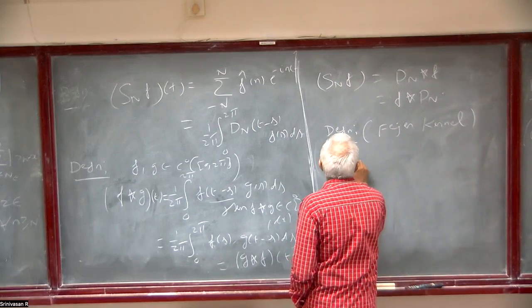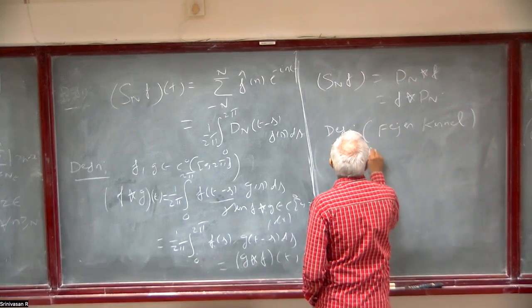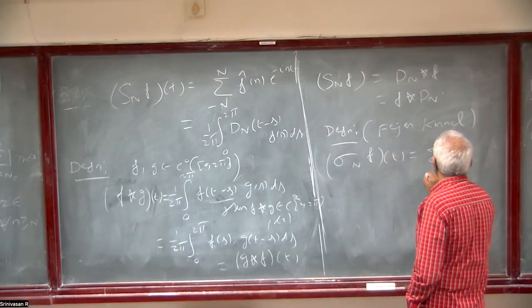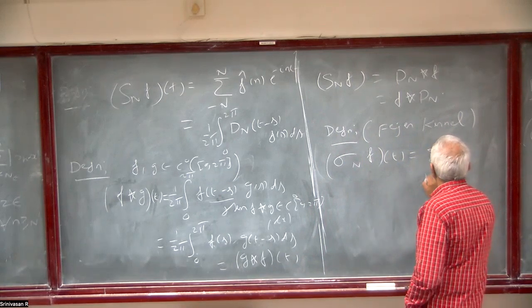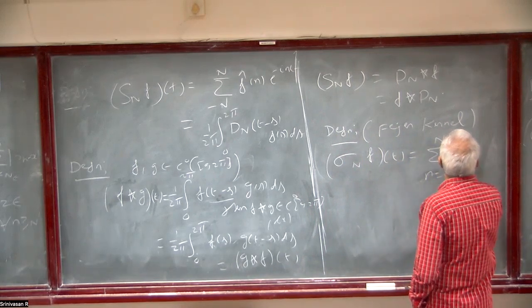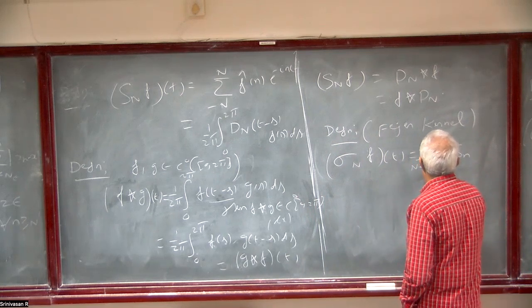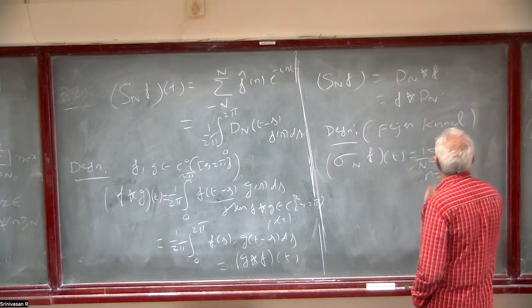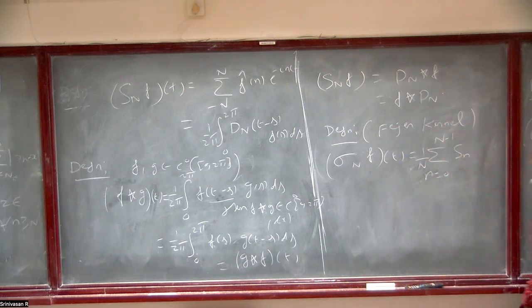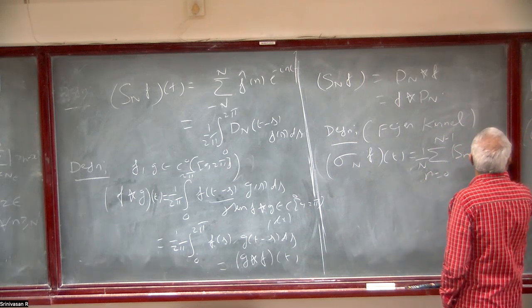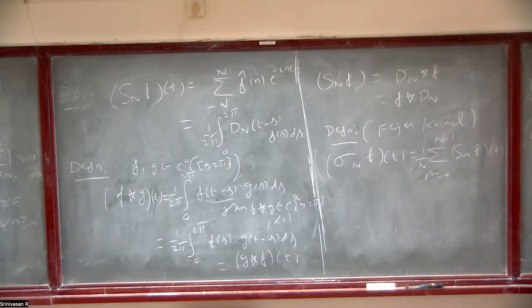So this is sigma n of f at t equal to 1 by n times the summation from 0 to n minus 1 of Sn of f. There should be n terms. This is the definition. This is just the Cesaro sum of this Sn f.